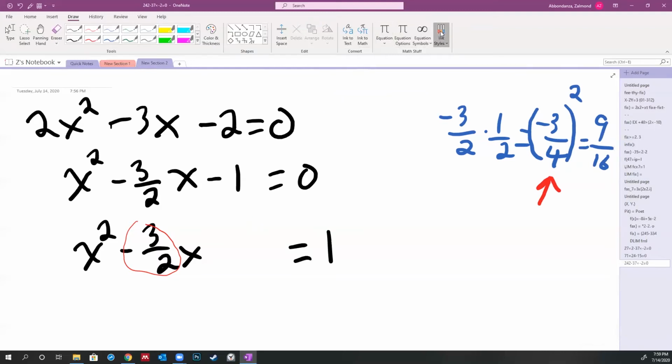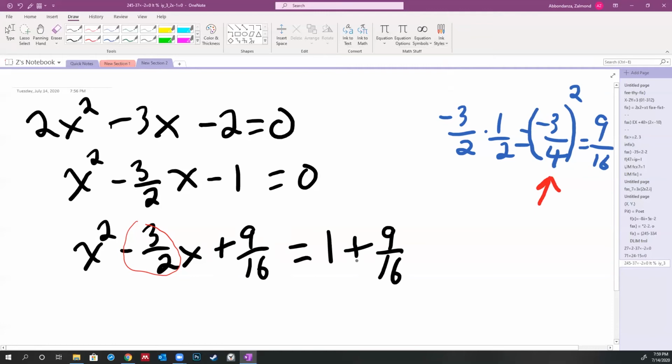9/16 is the number that we want to add here. So I'm going to add 9/16 to this side. Of course, we can't just add 9/16 because we want to. If I add 9/16 to one side of the equation, I have to add it to the other. Another way of looking at that is if I add 9/16, I'm also subtracting 9/16 from this side.